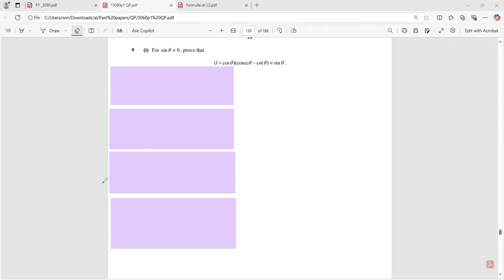Okay, question number 9 here is a proof. Prove that for sine theta not equal to 0, (1 plus cosine theta) multiplied by (cosecant theta minus cot theta) equals sine theta. Okay, first of all, remember cosecant is the flip of sine, 1 over sine.